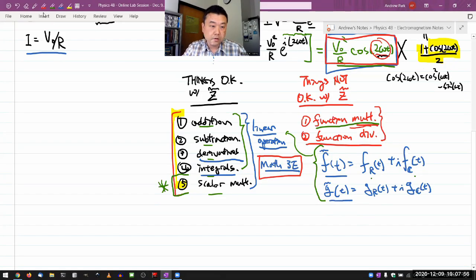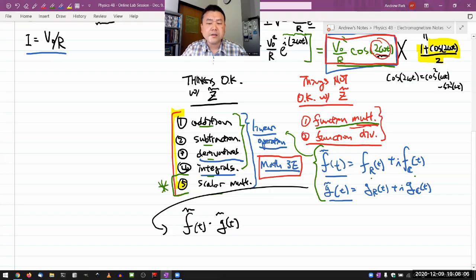So when you do function multiplication, this is what you get. Multiply complex function f with a complex function g. So this is the full algebra.